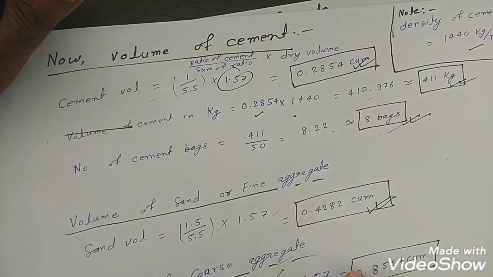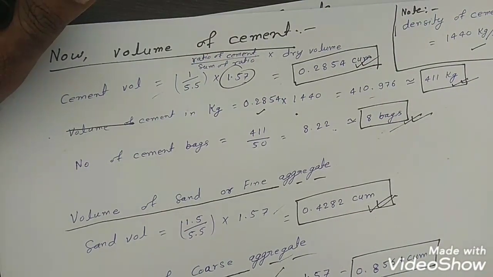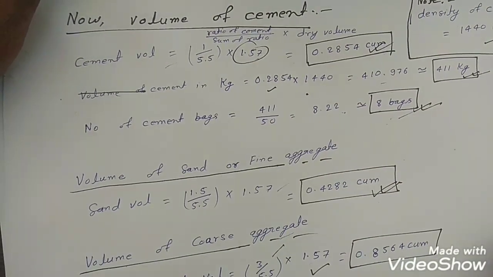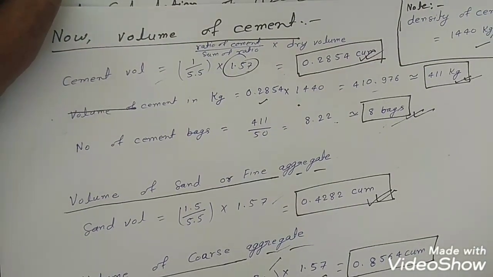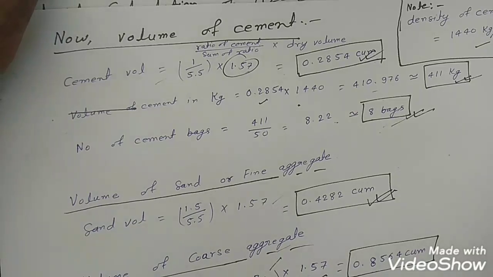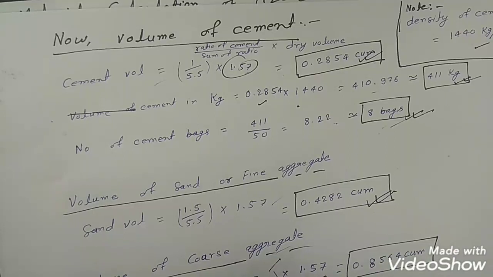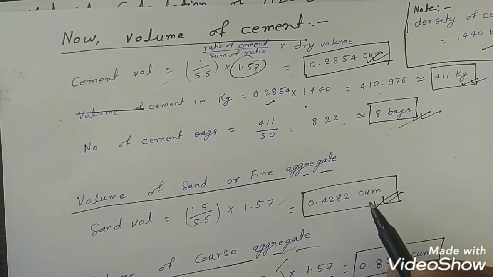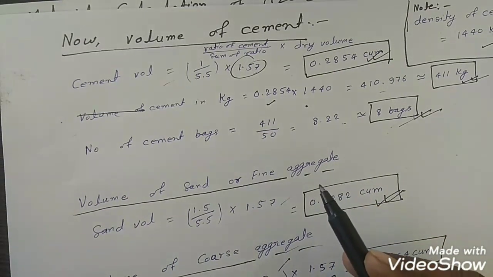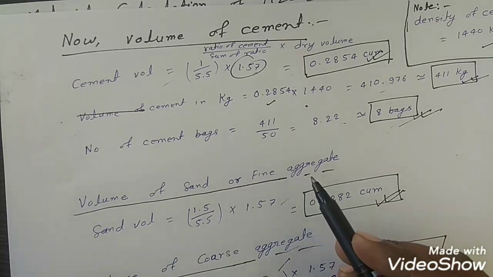But we need to find how many bags will be consumed in 1 cubic meter of concrete, because in the marketplace cement is available in bags. So we know that in one bag 50 kg of cement is consumed. So we divide the total weight by 50 kg.